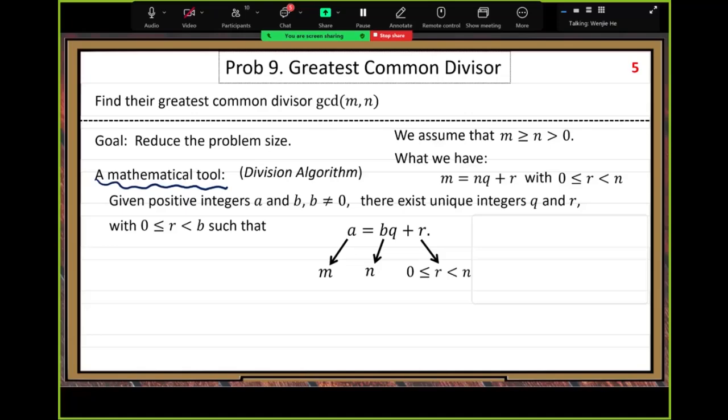With this representation, now we can do the size reduction when we apply the GCD function. So let's look at the reduction details.